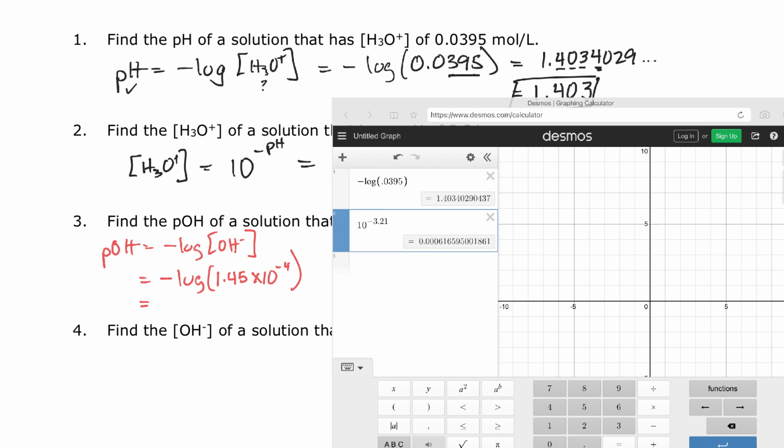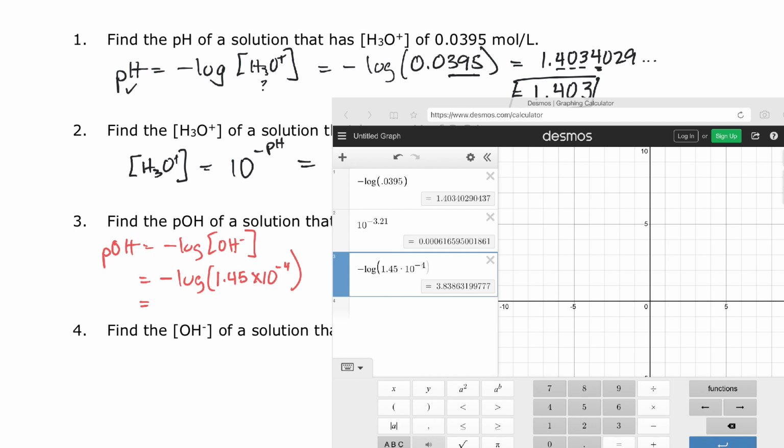Okay, so negative log of 1.45 times 10 to the negative 4. There we go.